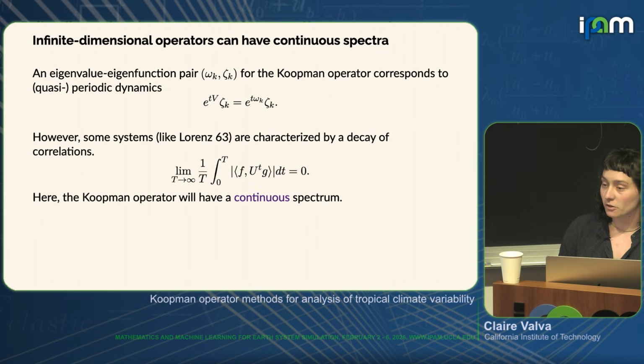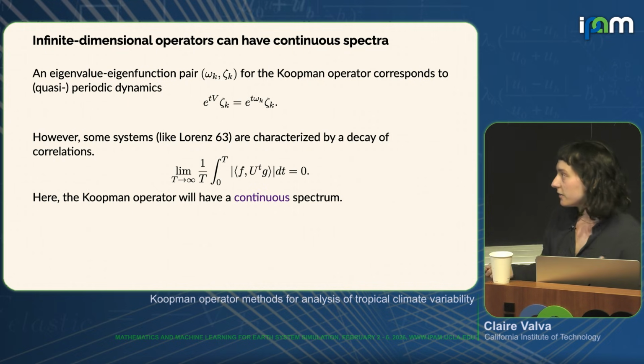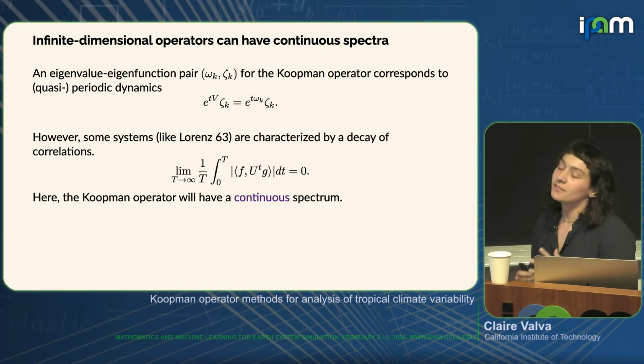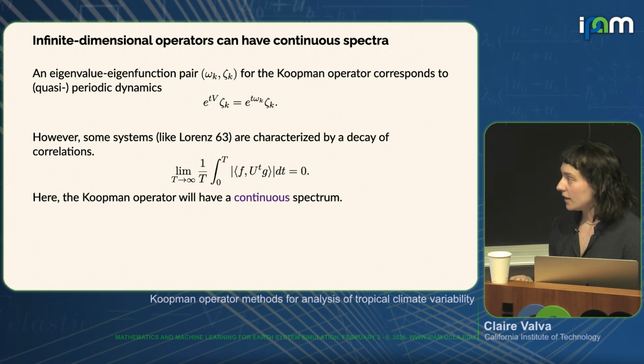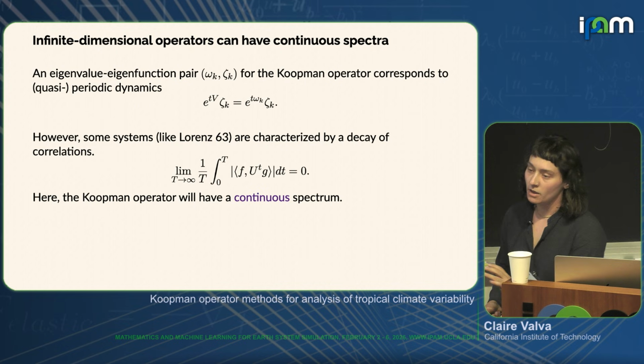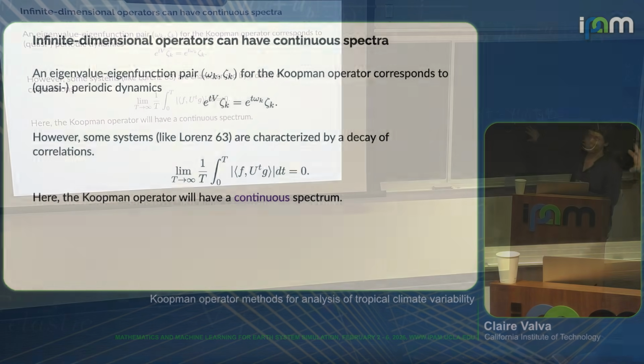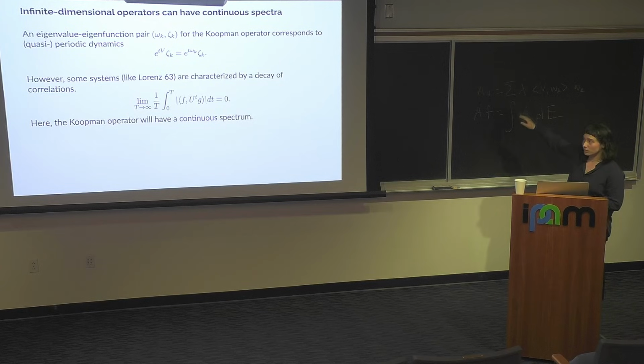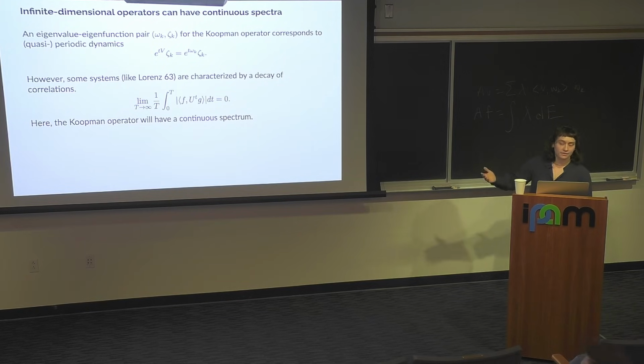We have systems like Lorenz that are characterized by a decay of correlations, but this formalism for the Koopman generator doesn't necessarily exist. And so it's in places like these where we have this decay of correlations, we're going to have a spectrum that looks more like this rather than something with a sum. In fact, Lorenz 63 only has continuous spectra besides the trivial constant eigenfunction and the 0 eigenvalue.